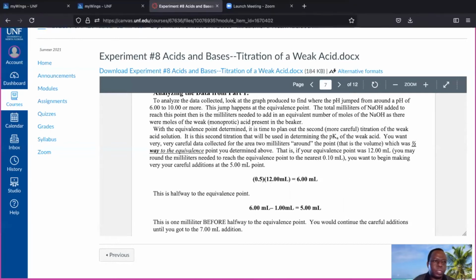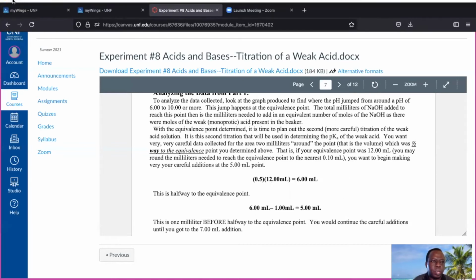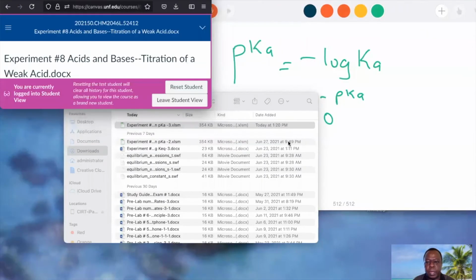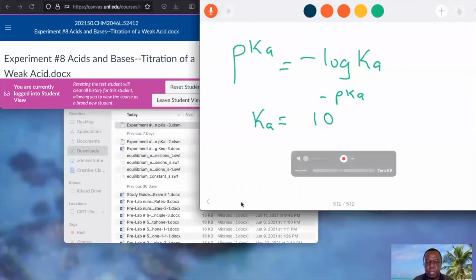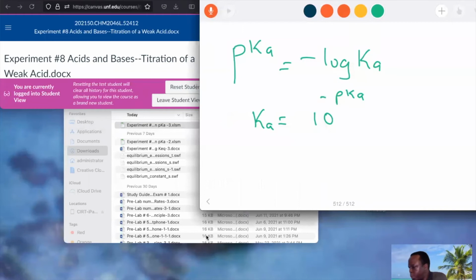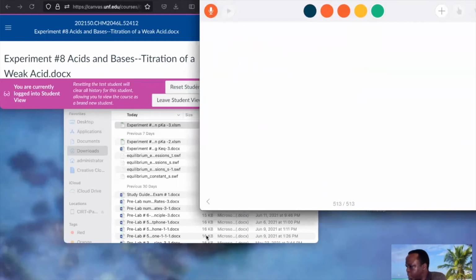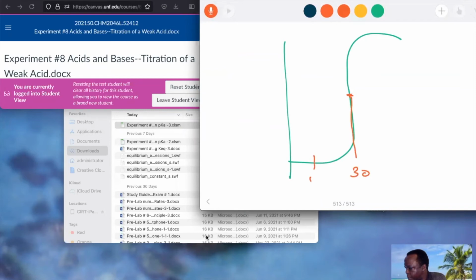Let me just see if I can use the 30 we generated. Remember it was something like this, and we had around here 30. So a half equivalent point is 15.